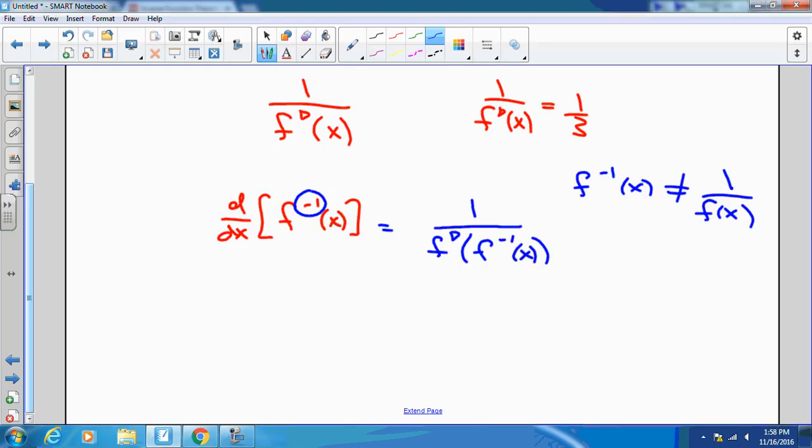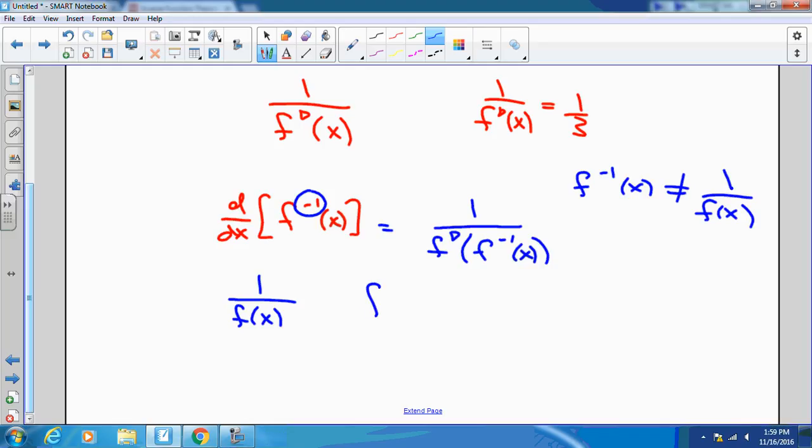Yes? Oh, if it were an exponent, yes, you would use the chain rule. And the way that you would write that, if you mean for this to be an exponent, you've got two options. If you want to say f of x to the minus 1 power, this is the cleanest way to say that, so that nobody is confused.